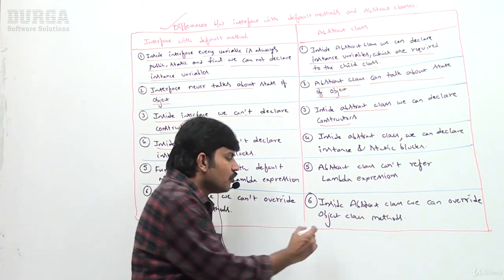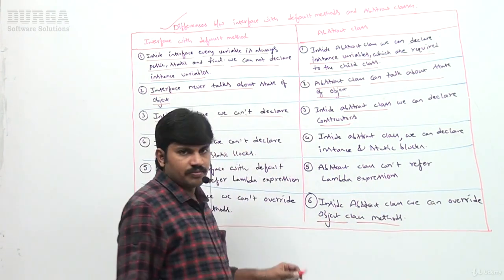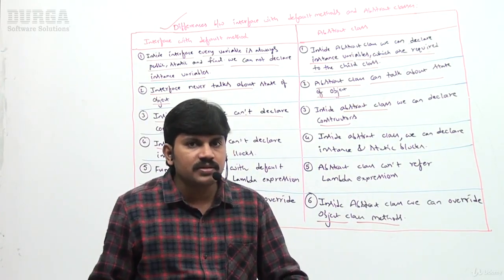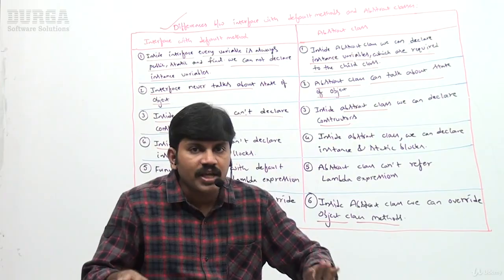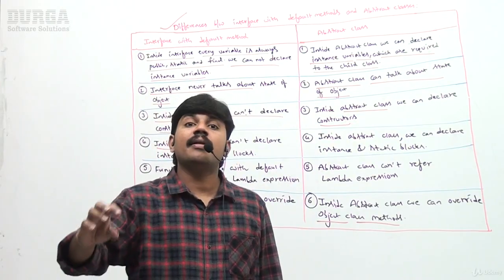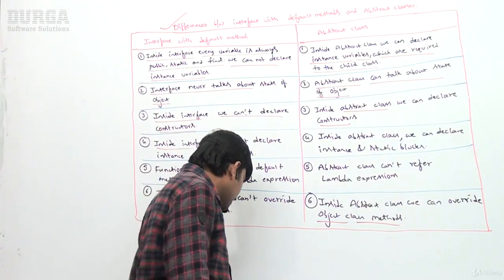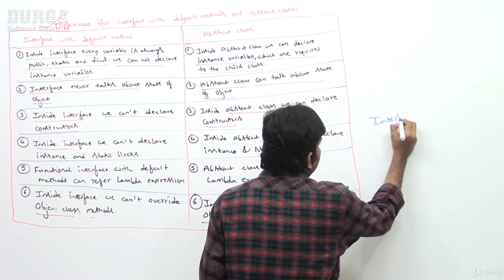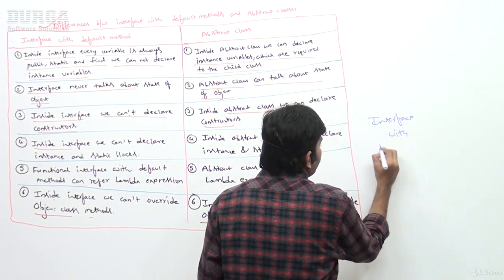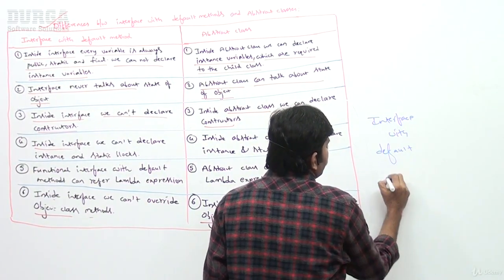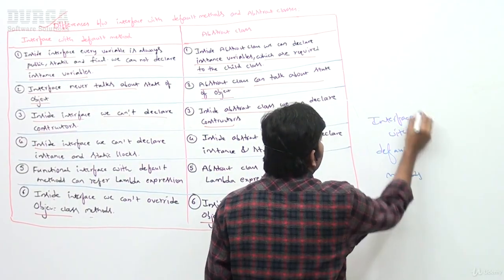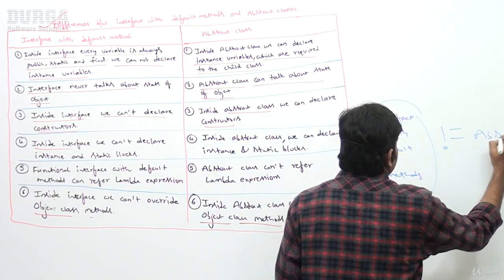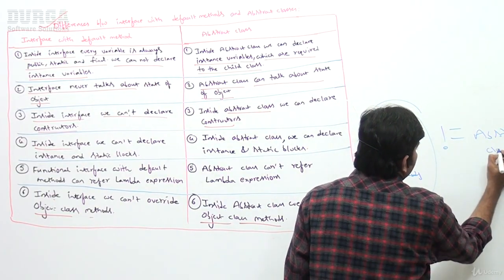Inside an abstract class we can override Object class methods. That's why, make sure, sir, an interface with default methods and an abstract class can never be equal. Still there are n number of differences. That's why can I conclude like this? Here, an interface with default methods is not equal to abstract classes.